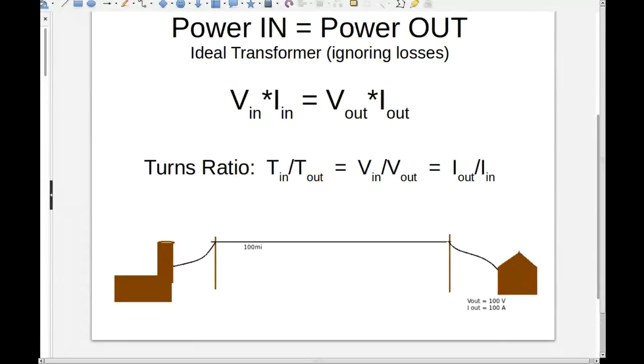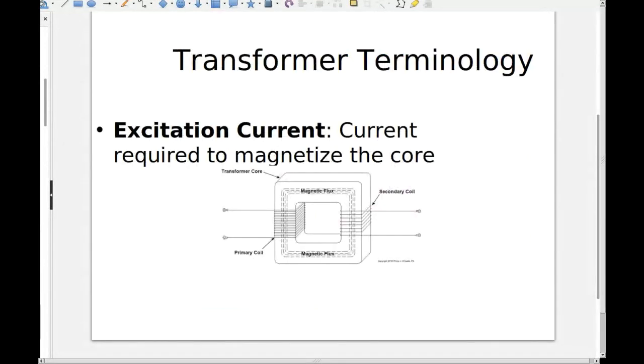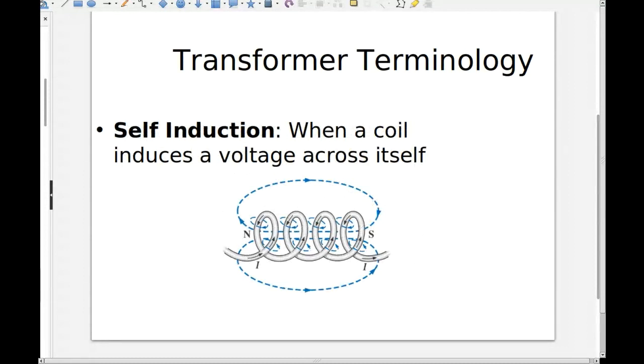The way that works is, when we talk about an inductor, an inductor is a coil of wire, and that generates what we refer to as self-inductance, and it generates a magnetic field.